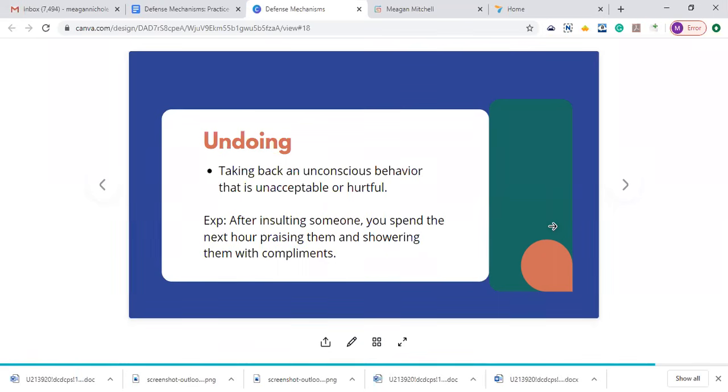Another example is, say you hurt your spouse's feelings, so you go out and buy them dinner, or cook them dinner, or spend the next 3 hours doing everything for that person. You're trying to undo something you know was unacceptable or hurtful. Undoing is very common, because we probably did not have the intention to hurt someone, so unconsciously we're trying to undo that to make them feel better.